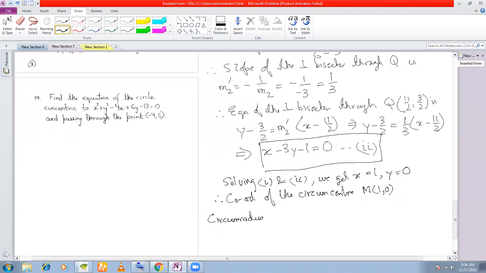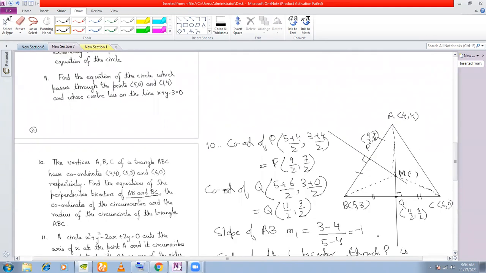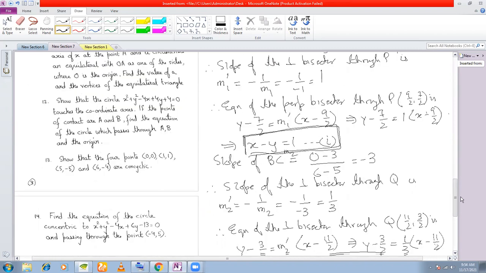Circumradius is equal to, let's find out MA. Root over of, if you see M here is (1, 0). By distance formula, you can find the distance between (4, 4) and (1, 0) is (1 minus 4) square plus (0 minus 4) square.